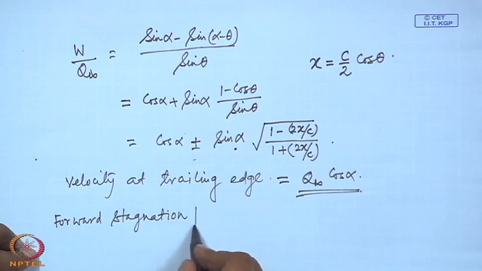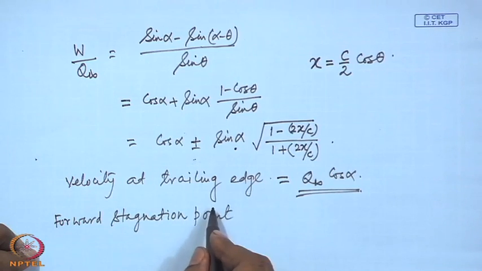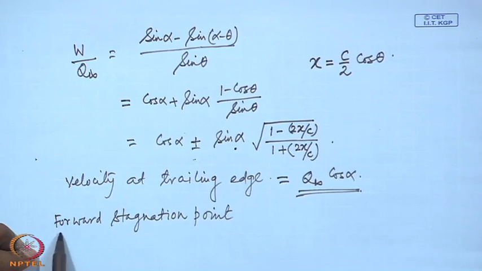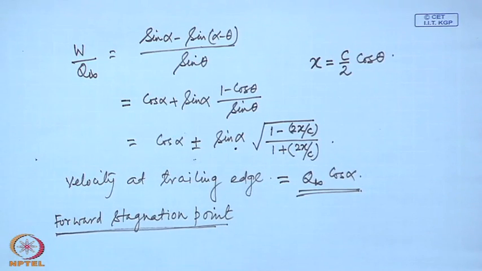Think in terms of theta itself first. What will be the forward stagnation point? For the circle, the forward stagnation point is at theta equal to pi plus alpha.